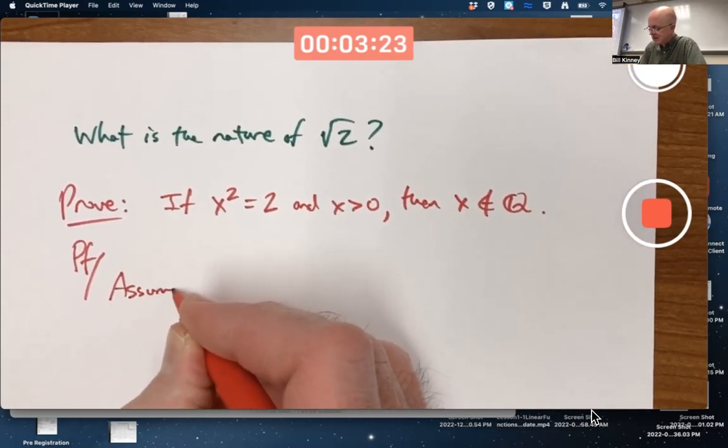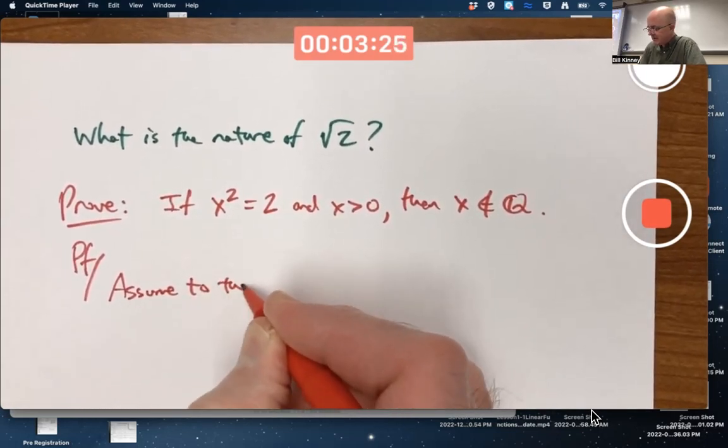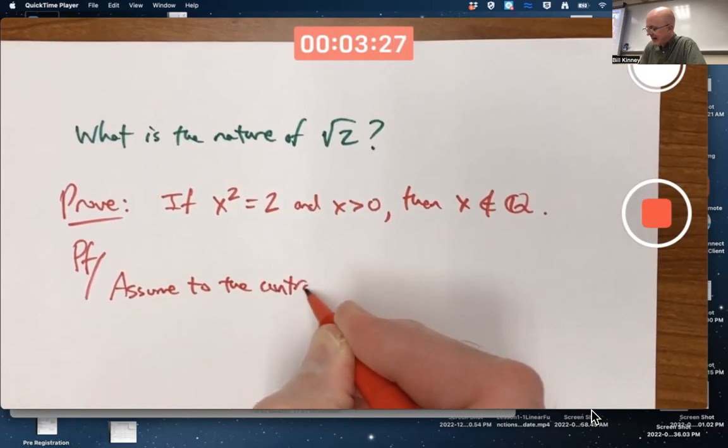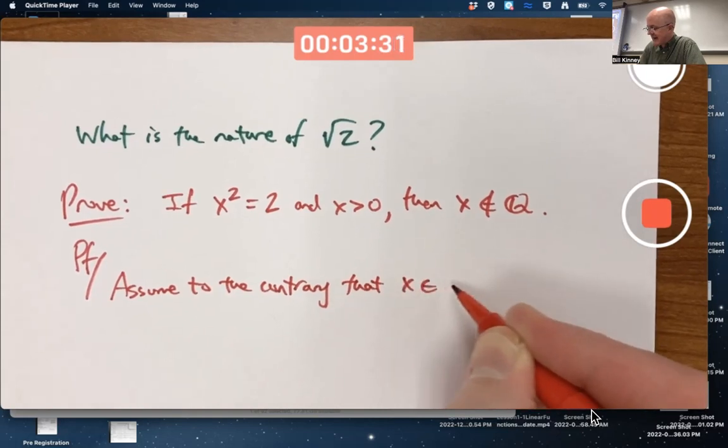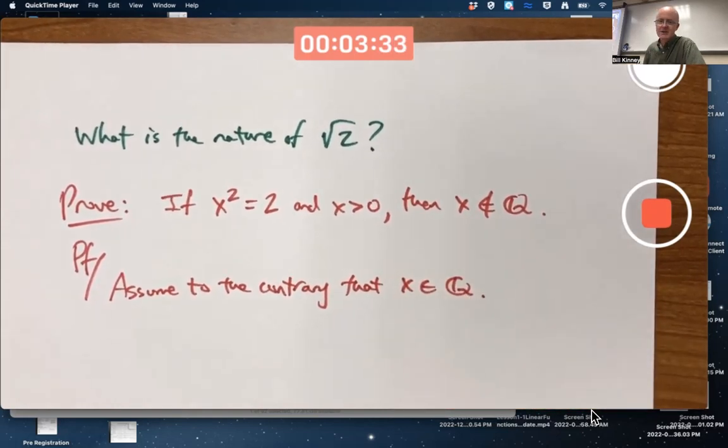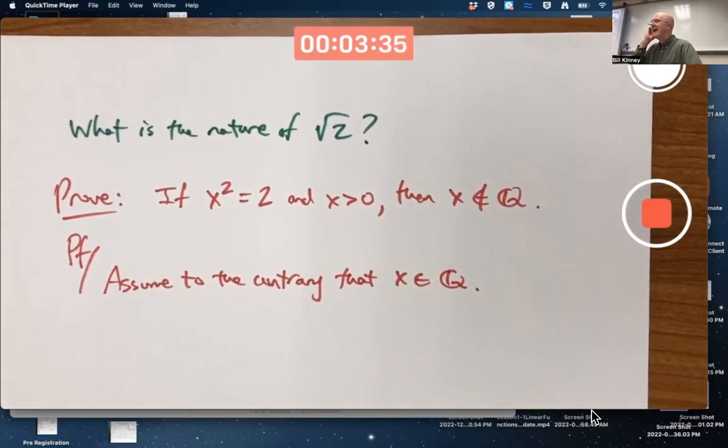Assume to the contrary that x is rational. X is an element of the set of rational numbers. And just play with that assumption and see what kinds of conclusions you can make with it. Maybe you can't make any conclusions that contradict each other, but maybe you can. You gotta play with it and see what happens.